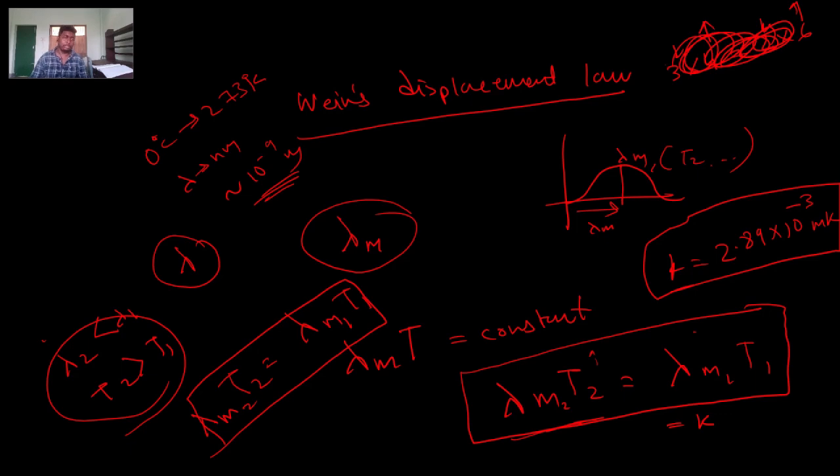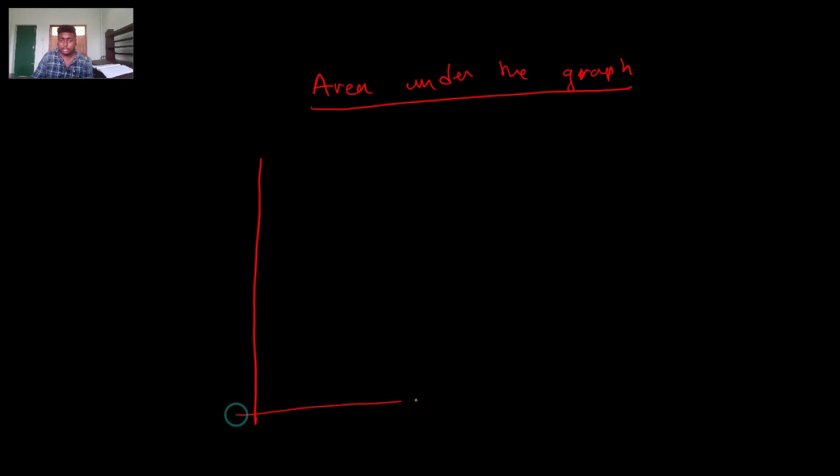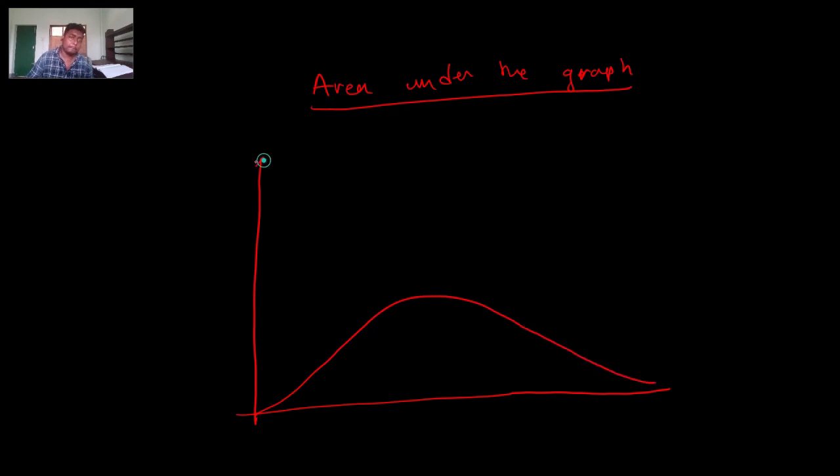So this is one thing. Next, we will see the area under the graph. This was the graph. This is E lambda, and here is d lambda.